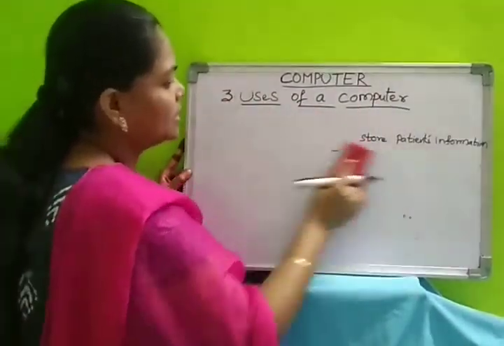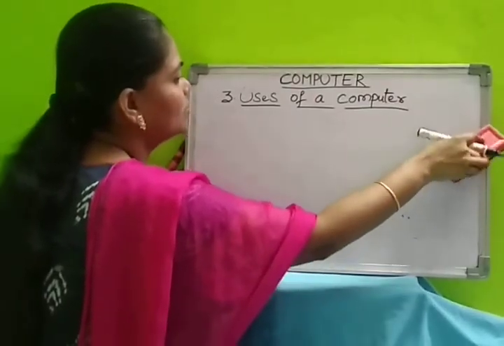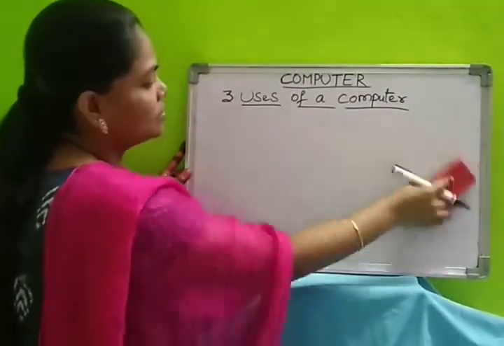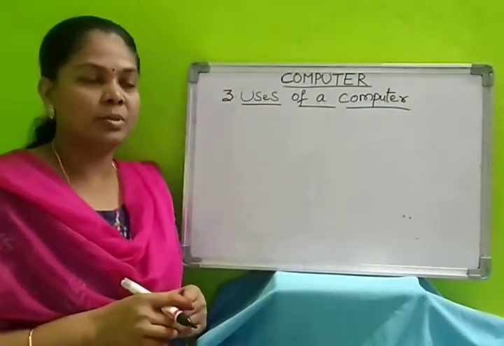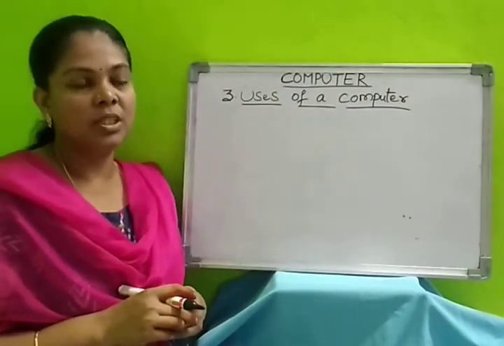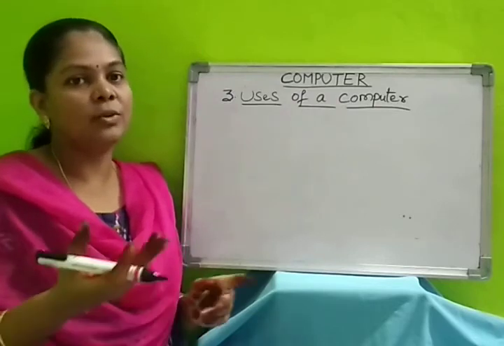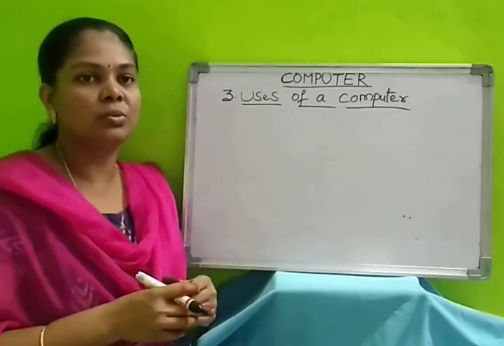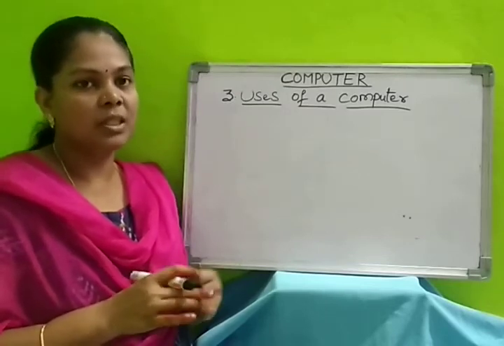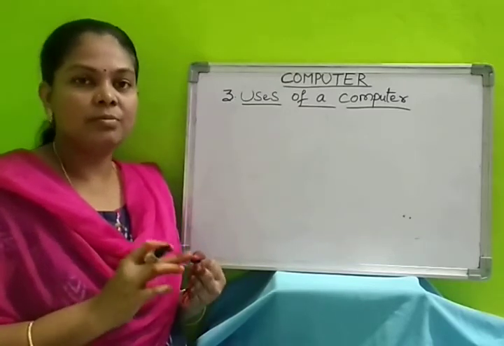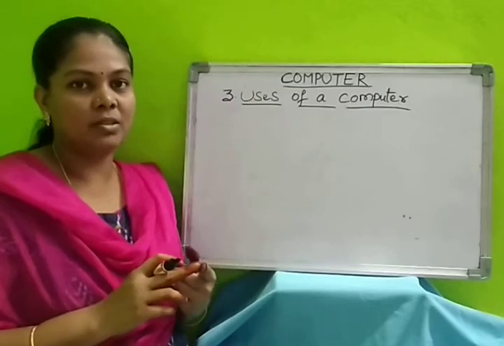So next one is home. At home, many of us have desktops or laptops, or we have smartphones to watch online classes, to play games, to watch cartoons. All this we are doing. You know the different types of computers: desktop, laptop, smartphone or tablets.